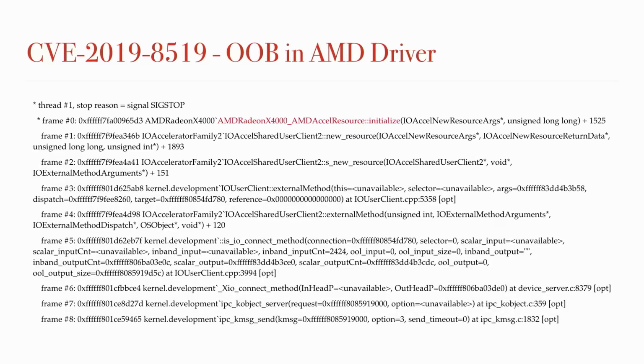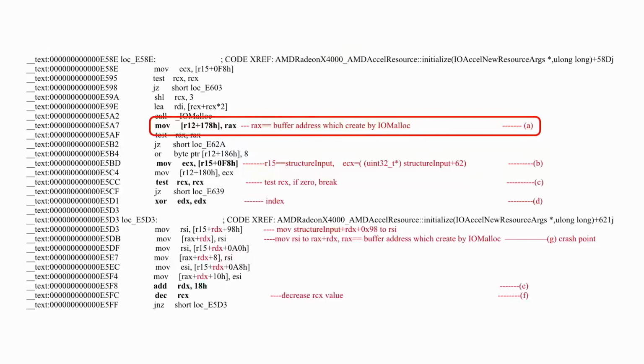This vulnerability can be triggered from user space by AMD accelerator service, and the external method selector is 0, whose function name is new resources. In this bug, the register RAX at the place A is the address of the buffer which was created by our malloc function.